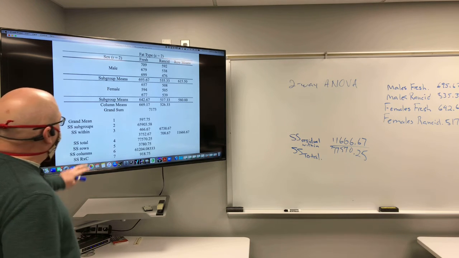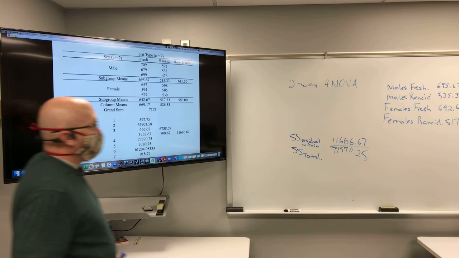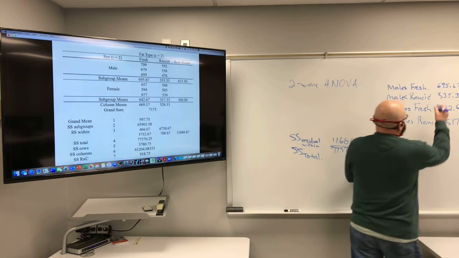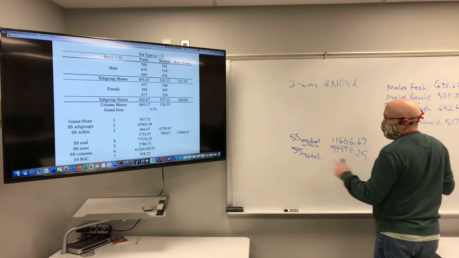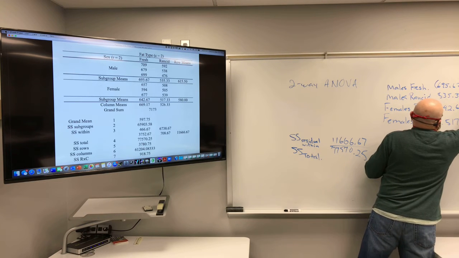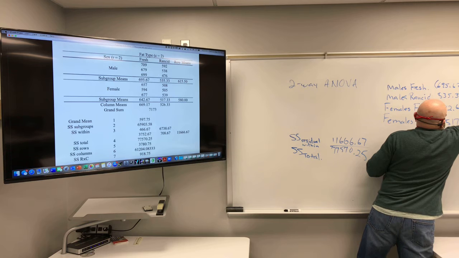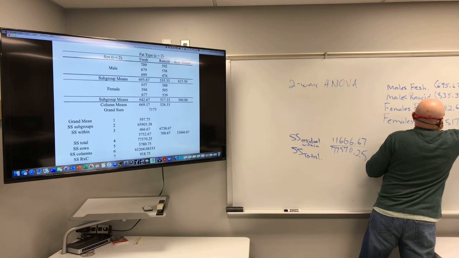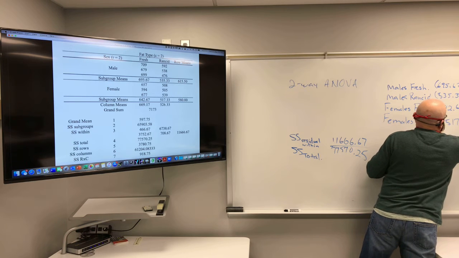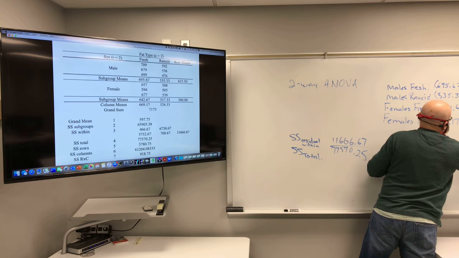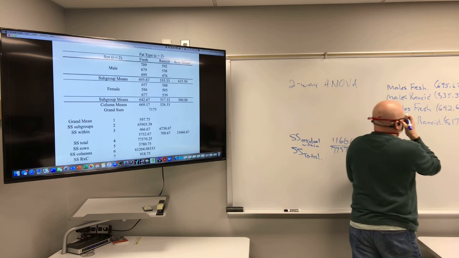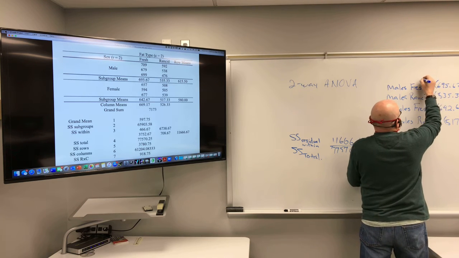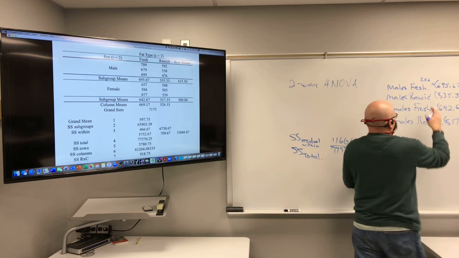And so that's what the subgroup sums of squares are. It's basically taking the subgroup means minus the grand mean, which is 597.75, squaring that, squaring that, squaring that, and then multiplying this times the number of rows that you have and the number of columns.